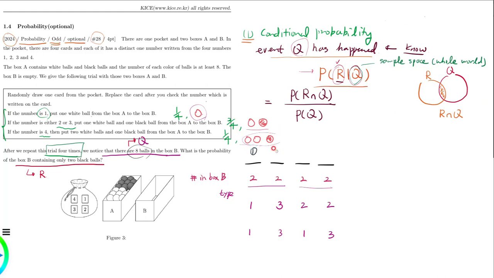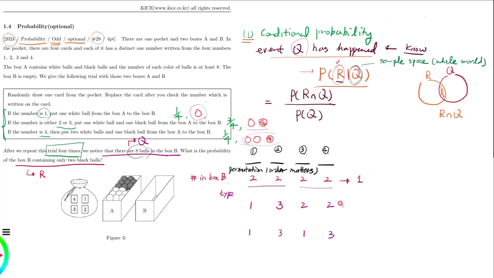But the trial has a sequence here: first trial, second trial, third trial, and fourth trial. So this is a permutation, order matters. In the case of 2, 2, 2, 2, we only have one case.